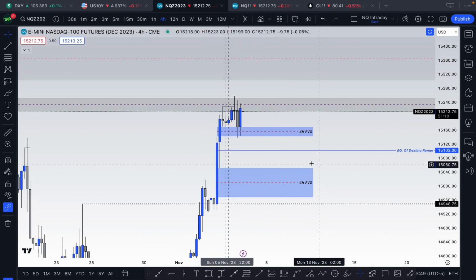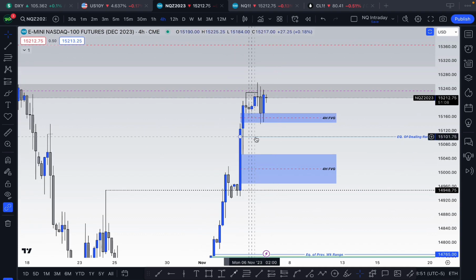So, all right, equilibrium of that daily range, that same level, is right here. This can be an order block, these last consecutive down close candles. Even this one right here is at the low end of this 4-hour fair value gap. We have Friday's low, that could be liquidity that's taken along with it.